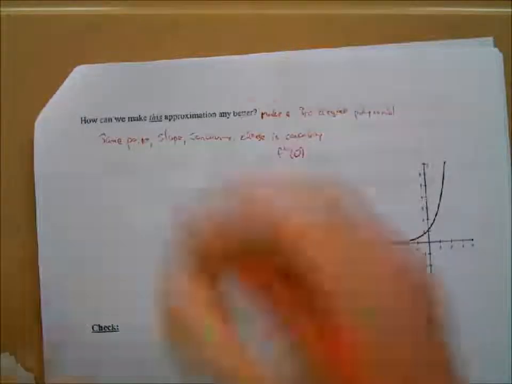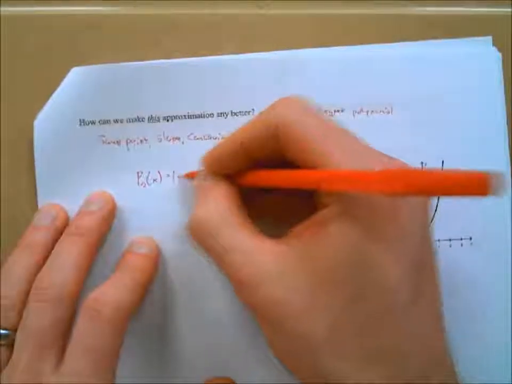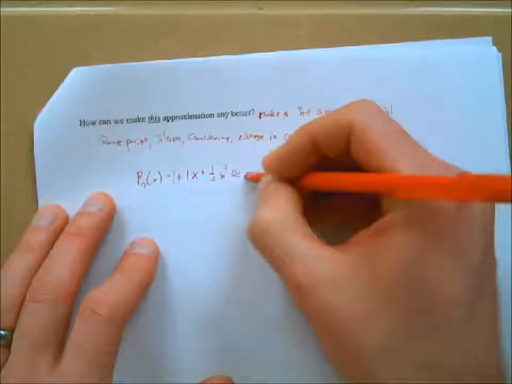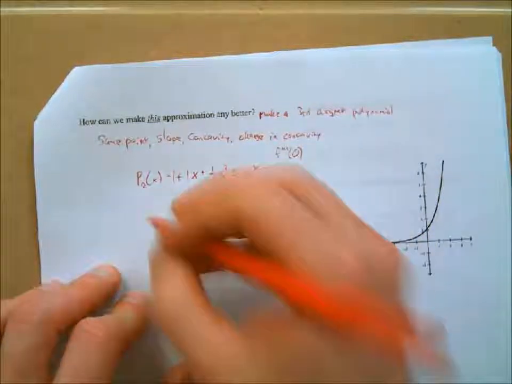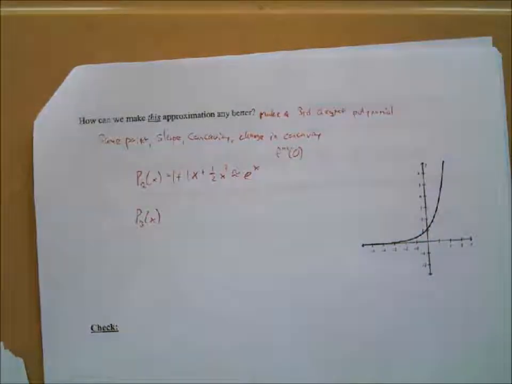So again, we already have p sub 2 of x, and we have that as being 1 plus 1x plus 1/2 x squared, and that was our original approximation for e to the x. But then, what about p sub 3?